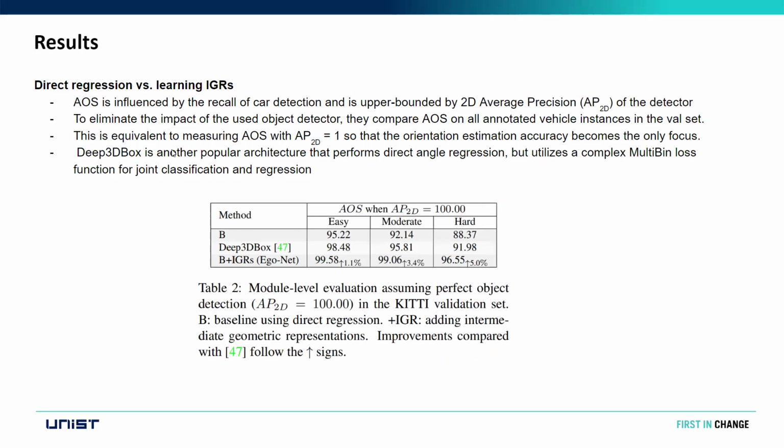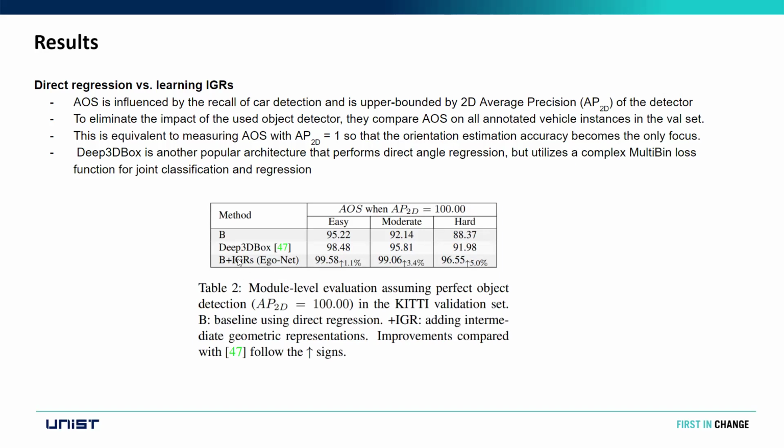And there is some ablation study about direct regression and learning with IGRs. Direct regression is a method where they directly regress the 3D information from the images, and learning IGRs is what Egonet proposes. In this model, you can see this method B has 95, these are the values of evaluation. And here they assume that the 2D detection is 100%.